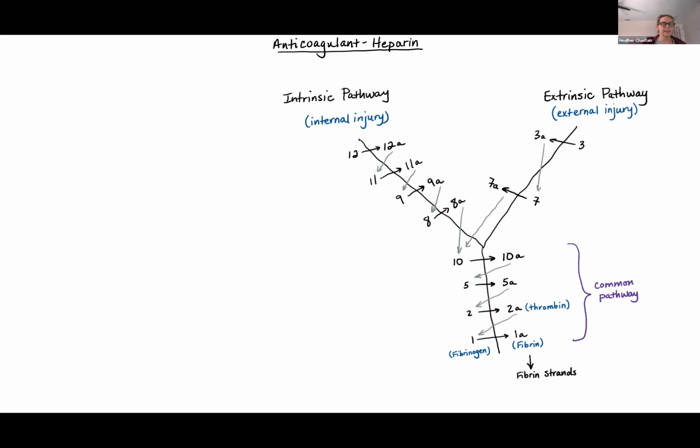Now, the next thing we're going to be talking about is heparin. Okay, remember this coagulation cascade. So we're going to use it again. Heparin binds certain activated factors: 2A, 9A, and 10A.